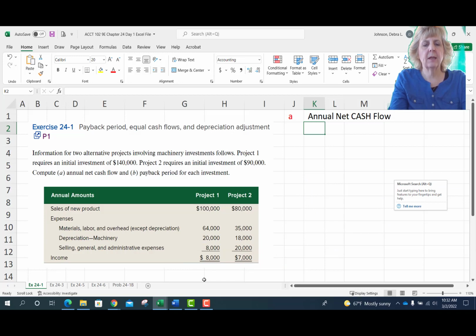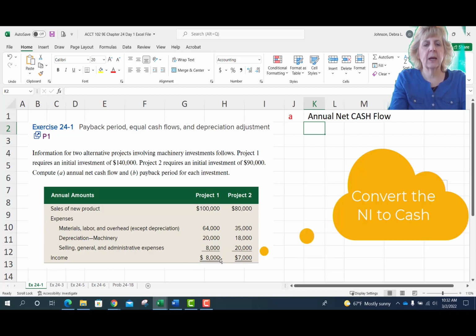You could take that net income and convert it back to cash by backing out any non-cash items, specifically depreciation.